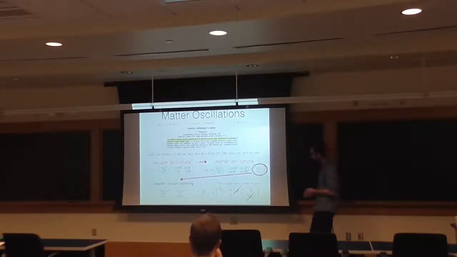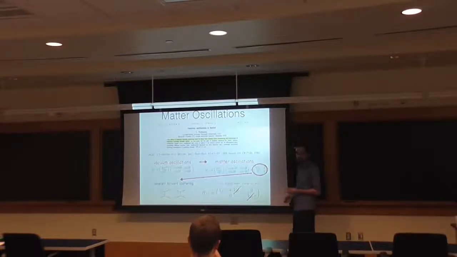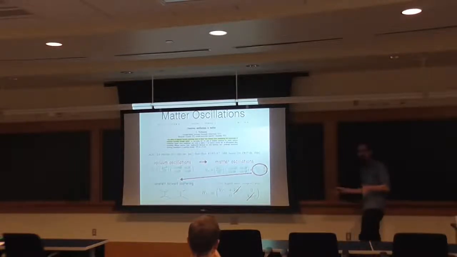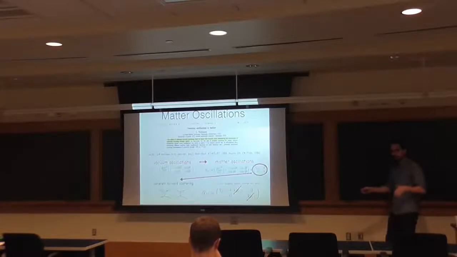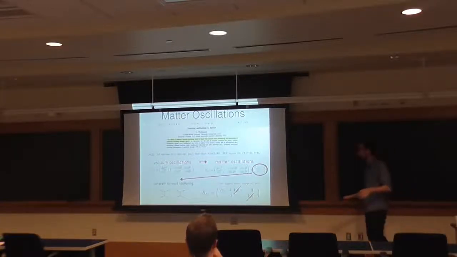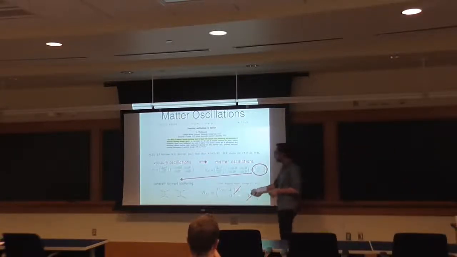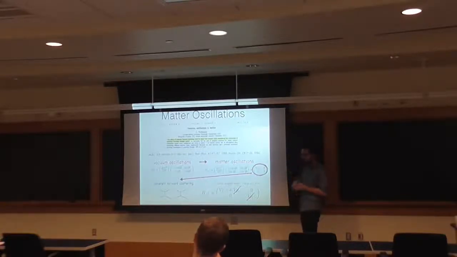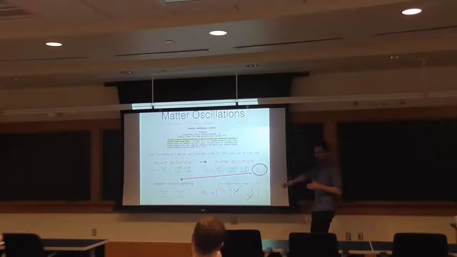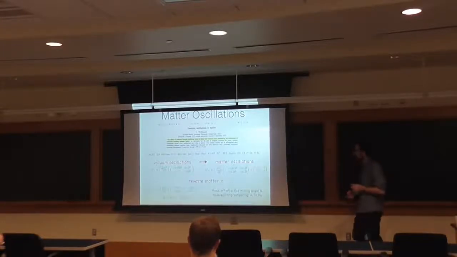There's no muons in the background. And the neutral current part I don't really care about because that's common to all flavors. So it's not going to change anyone's ability to oscillate because oscillations all come from energy differences. So I can get rid of all the neutral current stuff, and it's the charged current piece of how electron neutrinos scatter on the background of electrons that modifies the oscillation probability.